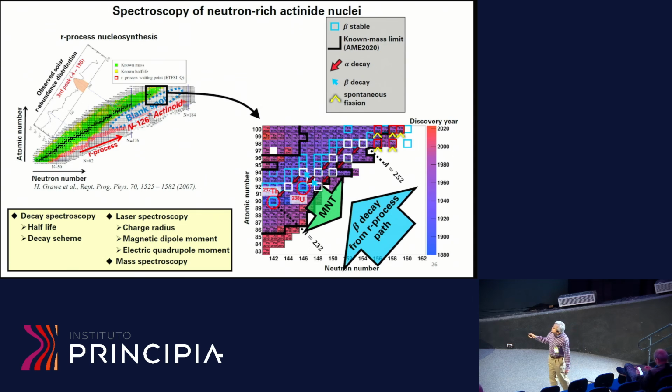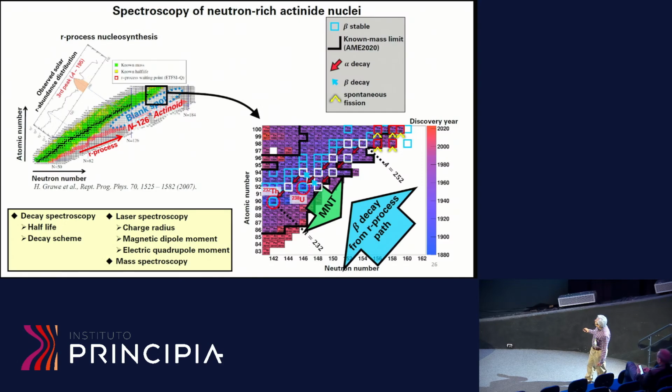Okay, so I'd like to move to the spectroscopy of neutron-rich actinide nuclei. We are also investigating the neutron-rich actinide region. This is important for r-process nucleosynthesis because the existing uranium and thorium are only produced by the r-process.